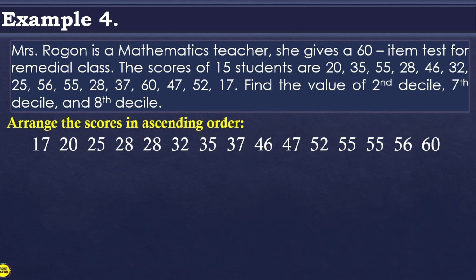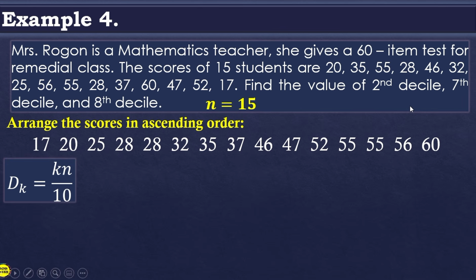Okay? And then yung n natin dito, makikita ninyo naman na sabi dito, for 15 students. So, yung n natin dito ay 15. Kunin na natin yung una, yung second decile. Gamitin natin yung formula. Since yung una natin kukunin yung second decile, yung k natin ay papalitan natin ng 2.